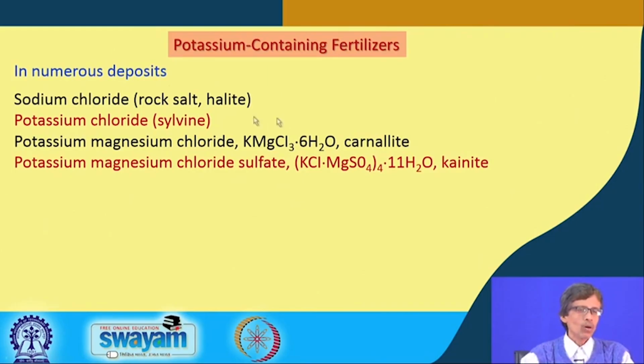This rock salt, the halite as we call it, is also a very good source of potassium, because it gives a certain amount of potassium chloride, since potassium chloride is there within the rock salt. Then there is the potassium chloride mineral sylvine. Sylvine is another ore type of material, a natural deposit, from where you get potassium chloride.